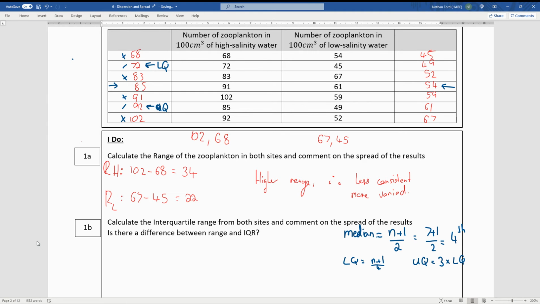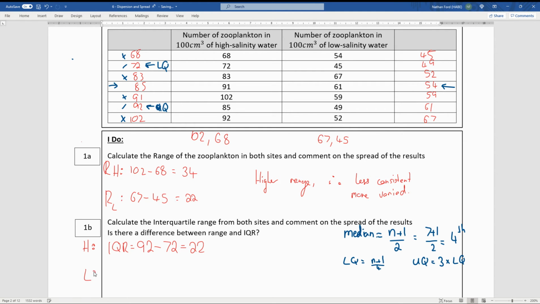Now, let's do our interquartile range for this first one. Now, interquartile range B, so we have 92 is our upper quartile, minus 72, which is 22. Now, this is for my high salinity water.